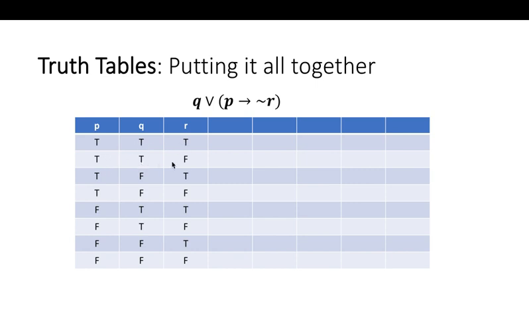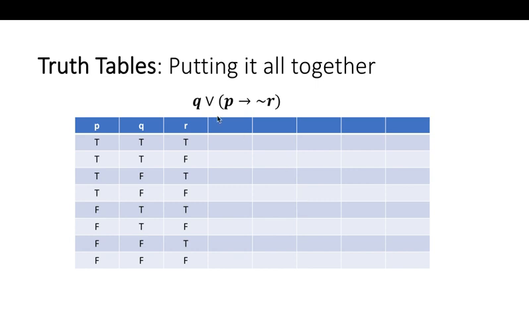P is true, Q is true, R is false, etc. going down the line. Notice there are 8 different scenarios. Every time you add a letter, it's going to be 2 to the number of letters you have in the problem. So 2 to the third would be 8. That's why we have 8. If there were 4 letters, it would be 2 to the fourth. You're not going to see any with 4 letters. The most we do is 3.